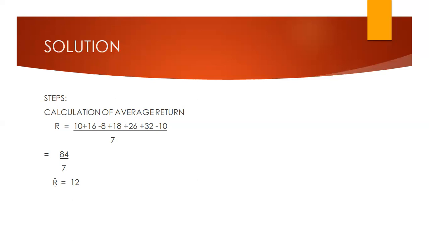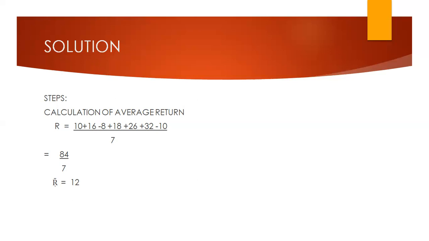In the second column, you will write all the returns. In the third column, you will show r minus r bar. In the fourth column, you will show (r minus r bar) the whole square.